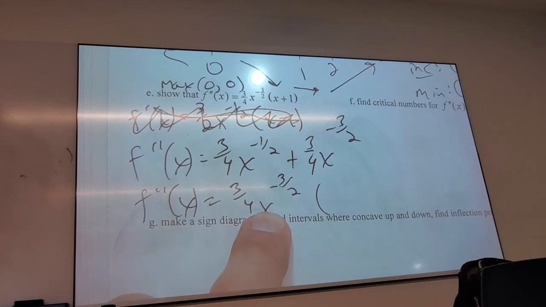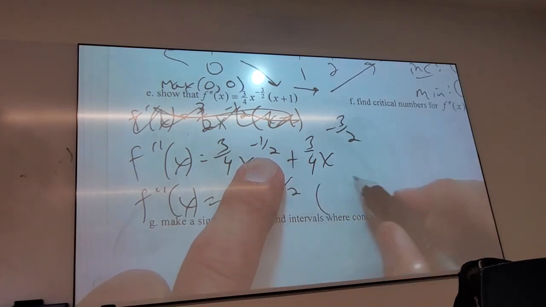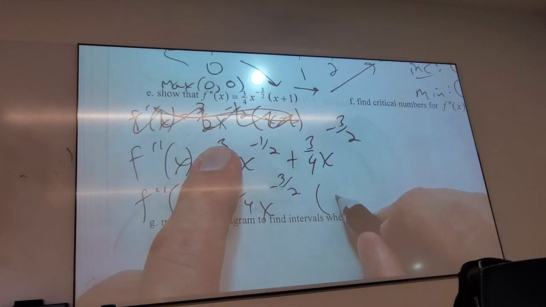Whenever I take out a negative power, I add that power to everything with a base of x. Does that make sense? So what is negative 1/2 plus 3/2? 2 halves, which is 1.